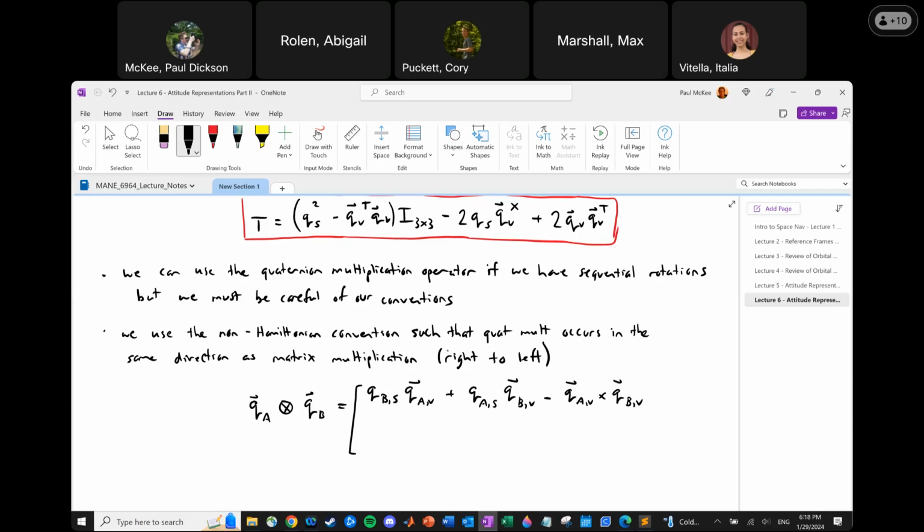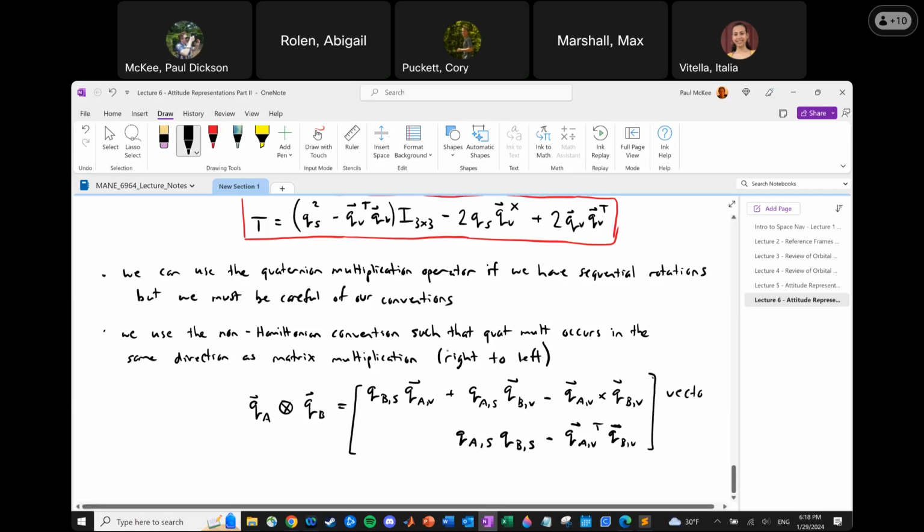All of that is a 3x1, and then the bottom is a scalar: quaternion A scalar times quaternion B scalar, minus quaternion A vector transpose times quaternion B vector. And we have to be careful. This is the vector part, and this is the scalar part.